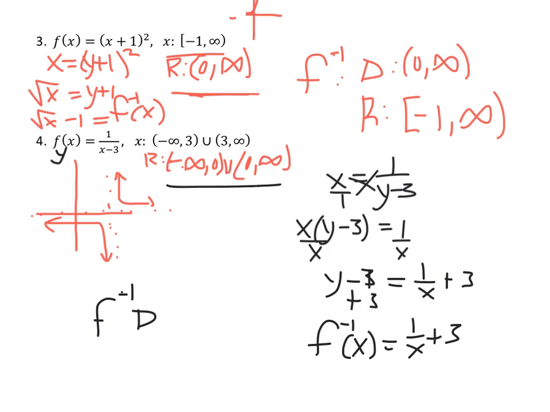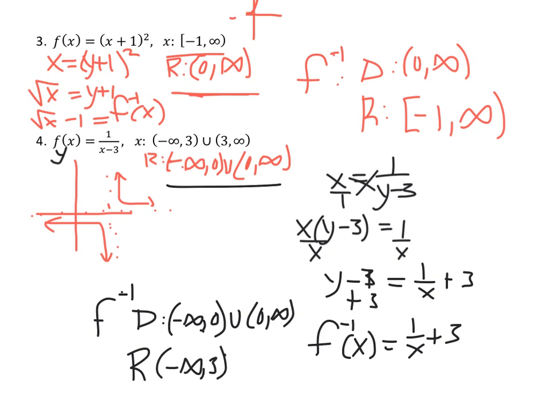So the range of the function was -infinity to 0, and then 0 to infinity. Okay. And my range was the domain, which was -infinity to 3, and then 3 to infinity.